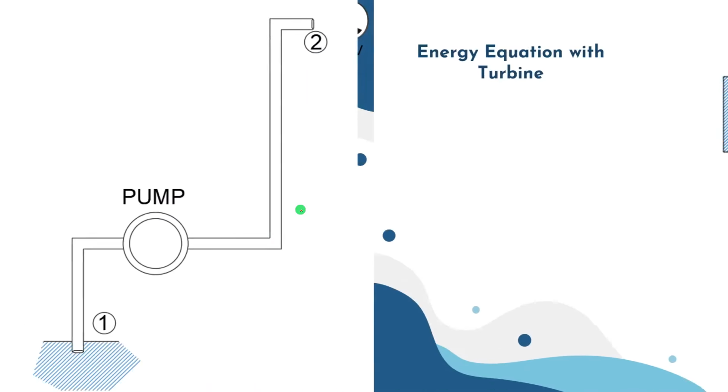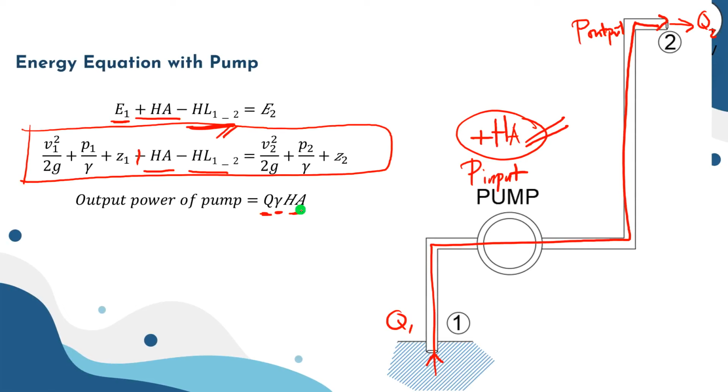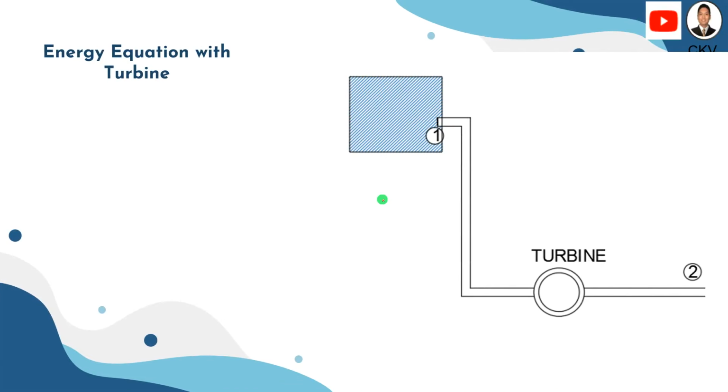Now for the turbine. Again, the purpose of the pump is to increase the energy from point 1 going to point 2. On the other hand, the purpose of turbines is that we extract flow energy from the fluid flowing in the pipe and convert it into mechanical energy, which in turn is converted into electrical energy.